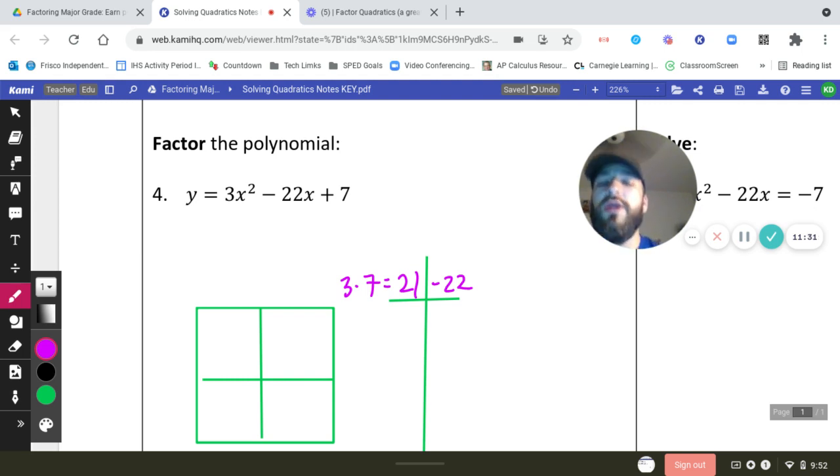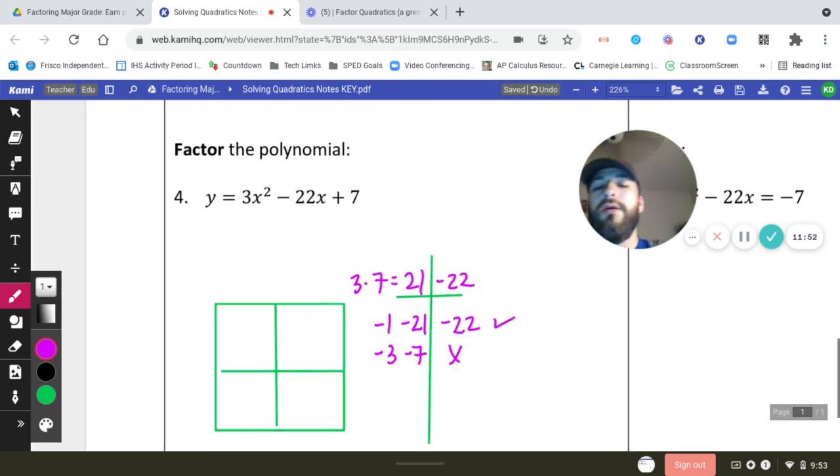Factors of 21: we have negative 1 and negative 21, and negative 3 and negative 7. And that's really it. 21 doesn't have a lot of factors. Okay, negative 1 and negative 21 does make negative 22, so we are good to go on the first one.